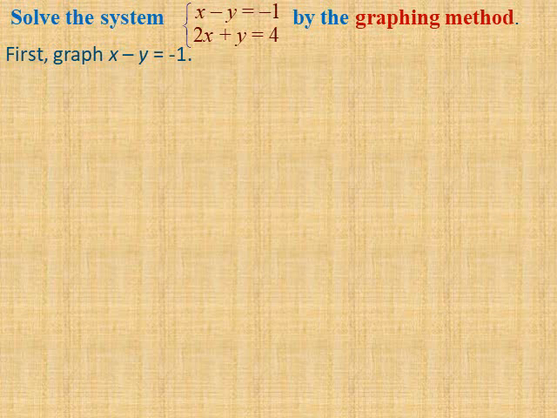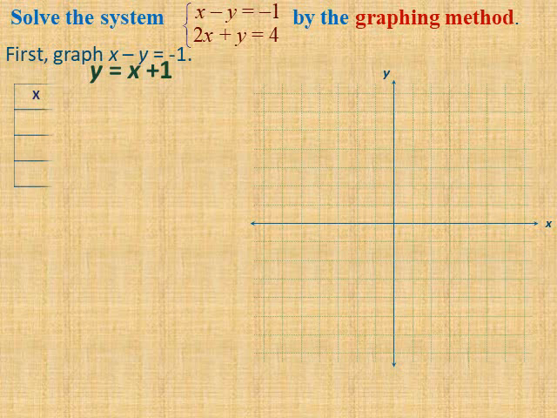Maybe I can say that x equal negative 1 plus y, or y equal x plus 1. When I move y to the other side, it will be y on one side, and the other side will be x plus 1. Let's start with values for x and find the corresponding y.